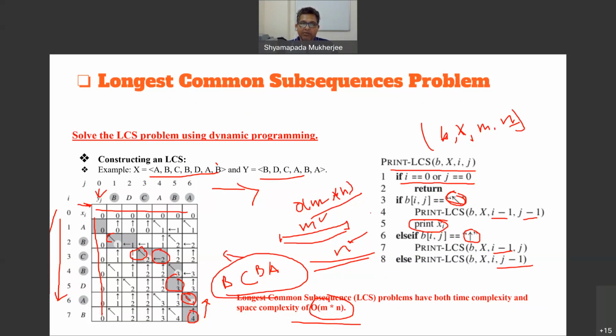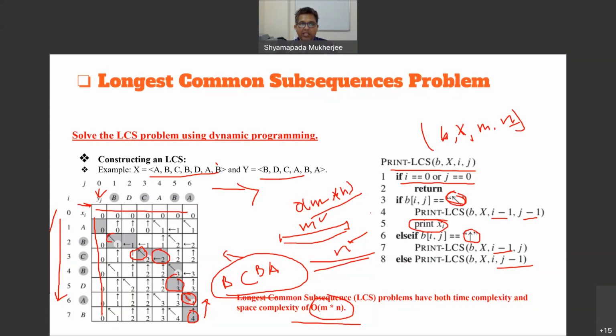The main objective is to reduce the time complexity from exponential to polynomial by avoiding the repeated computation of the same subproblems when they appear again and again in the recursive method. So I think you have understood the difference between the recursive procedure and dynamic programming and memoization.